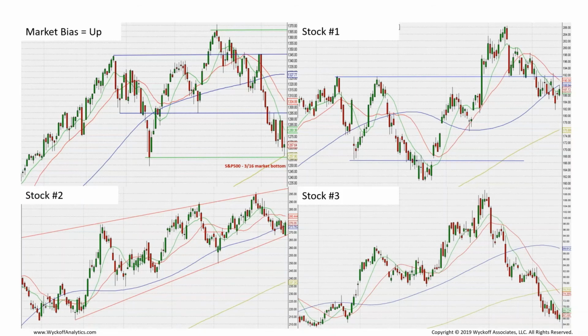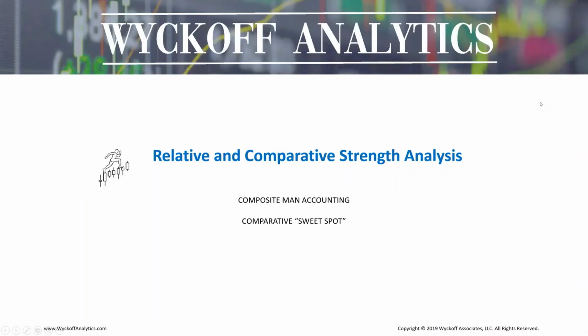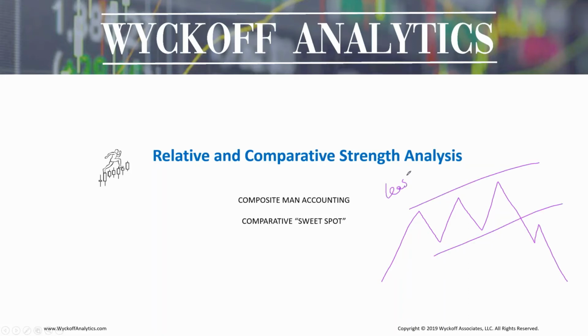Okay, a question from Nilesh. Is comparative analysis useful to identify distribution of leading stocks with an upsloping trading range? Okay, so let me just go somewhere else. We're looking at this scenario. Let's say this is a leadership stock, and we have higher highs, higher lows.